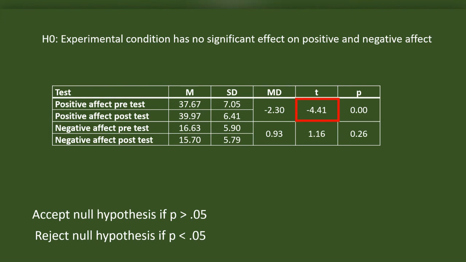T, which indicates the difference between the pre and post tests of positive affect, is 4.41. Its P is lesser than 0.05. We have to reject the null hypothesis here.